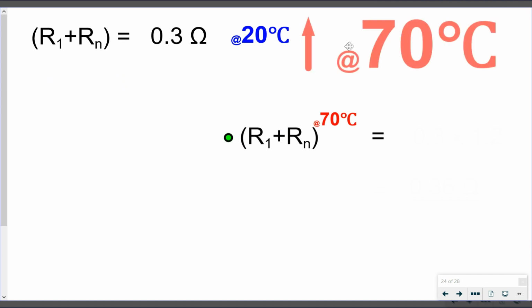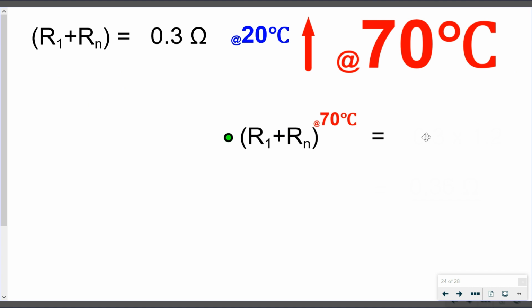So what we need to do is increase that cable under full load conditions up to 70 degrees C. We take that 0.3 and apply a correction factor of 0.004 ohms per ohm per degree C from the cable's resistance at 20 degrees, bringing it up to 70 degrees. That's a 50 degree increase.